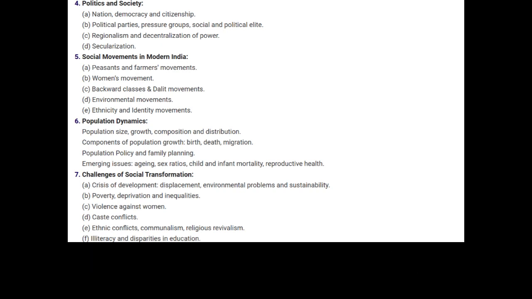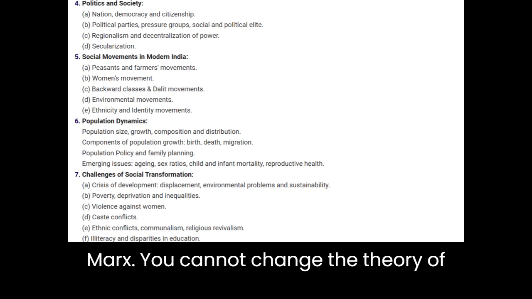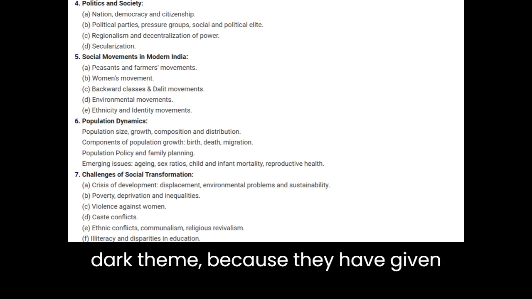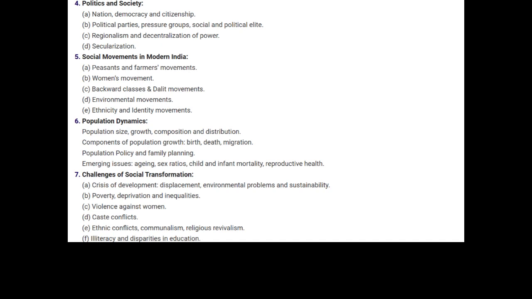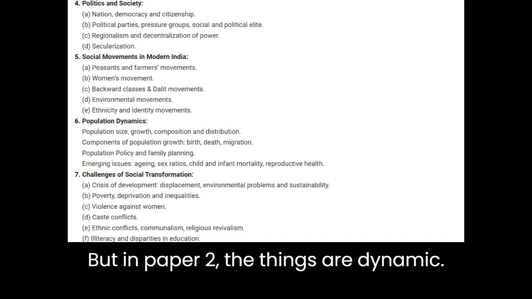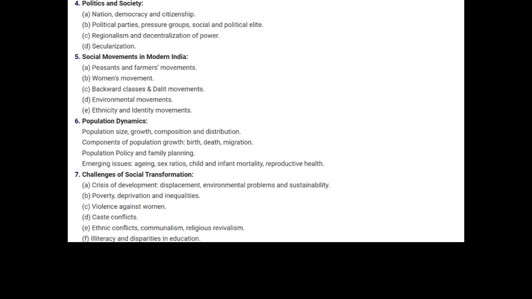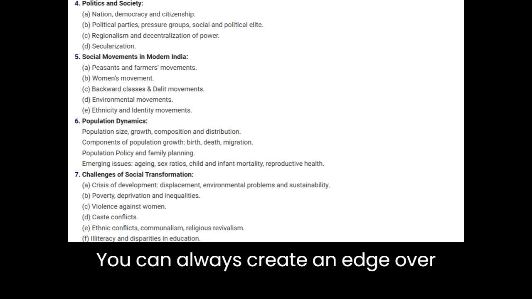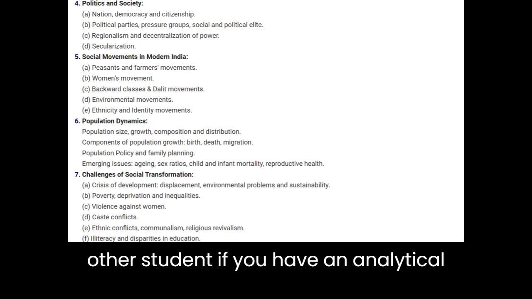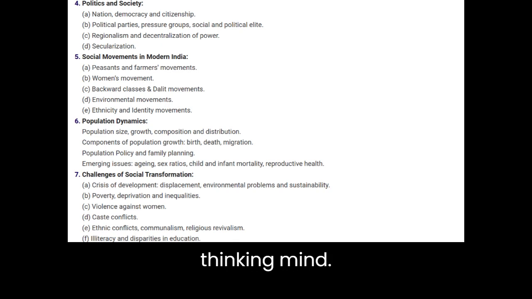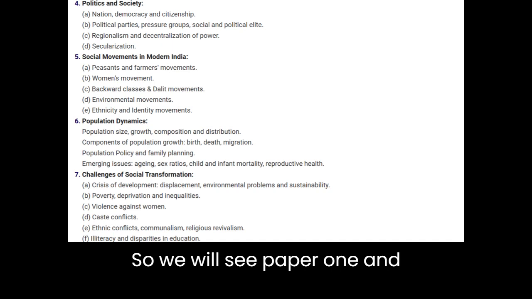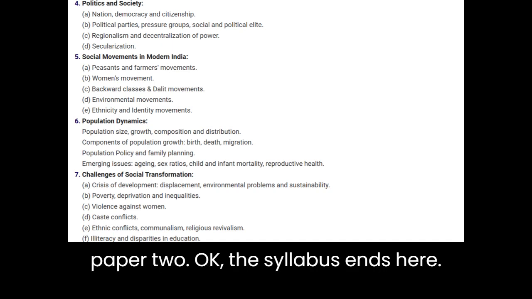You cannot change the theory of Marx, you cannot change the theory of Durkheim, because they have given their theory and they have perished from this world, they are fixed. But in paper 2, the things are dynamic. You can always create an edge over other students if you have an analytical thinking mind. So we will see paper 1 and paper 2.